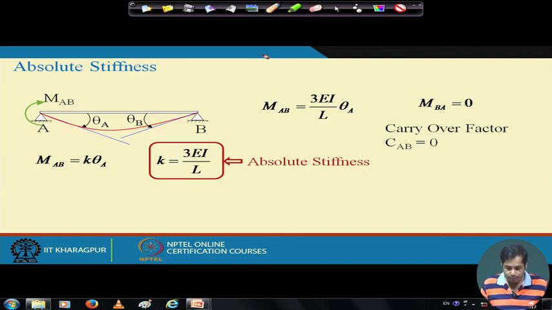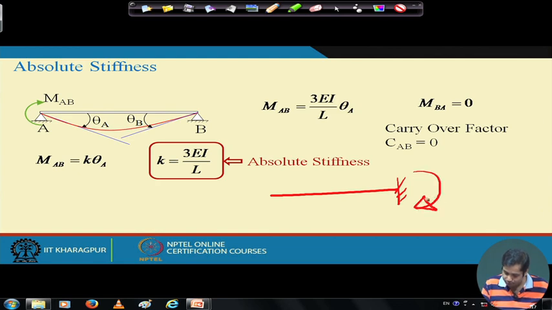Another example: suppose we take a beam which is fixed at one support and hinged at the other, and we apply a moment at the hinge support.